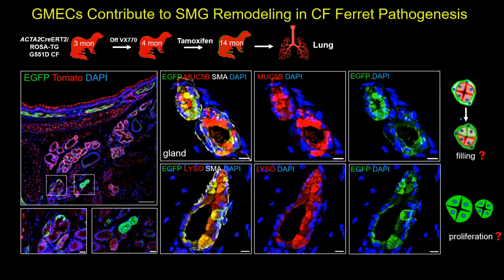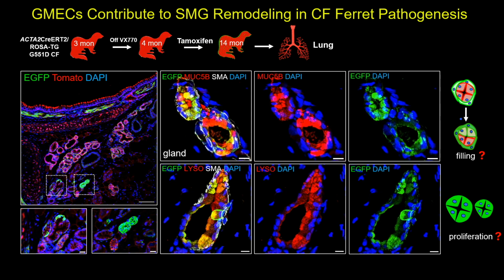Next, we asked whether myoepithelial cells are involved in airway submucosal gland remodeling during CF disease progression. So in the ACTA2 lineage tracing CF ferret, we started CF disease development by withdrawing VX-770 at the age of 3 months, with tamoxifen labeling at 4 months, and evaluated at 14 months.